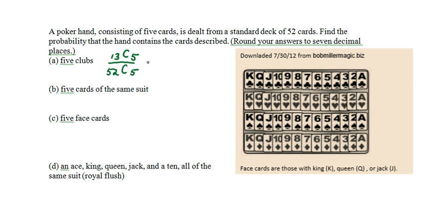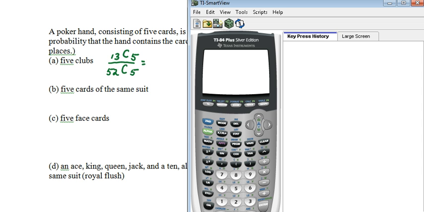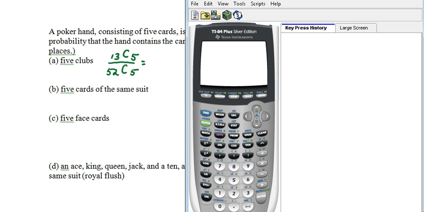So there's several ways to compute this, as you know. I'm going to use the built-in combination computation in the graphing calculator.